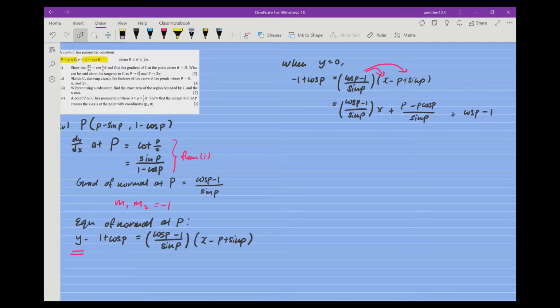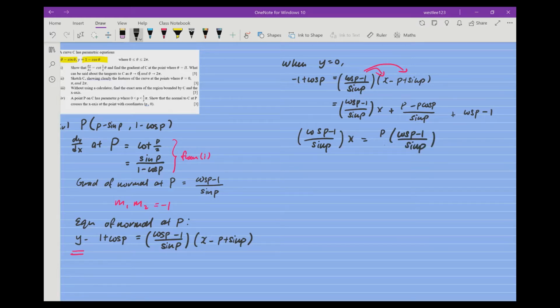Okay. And then after that, all the terms with x, we put it on the left-hand side. And then all the terms with no x, we put it on the other side. So we have p cosine p minus 1 over sine p.